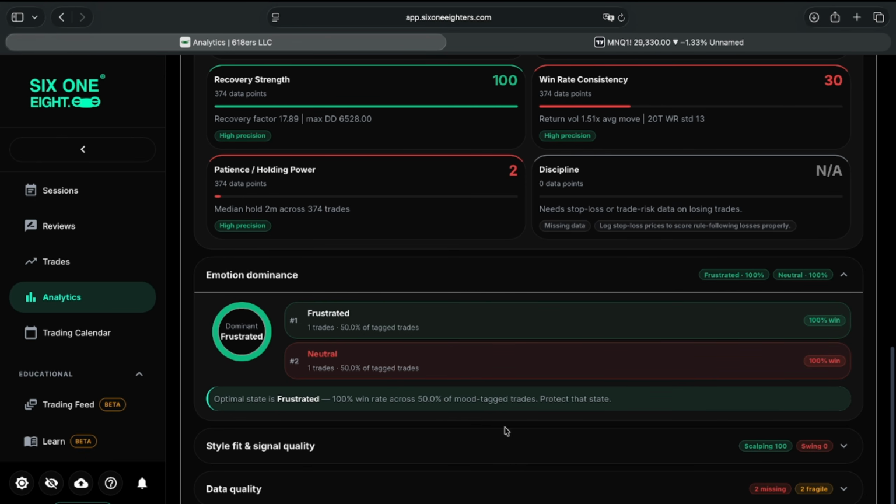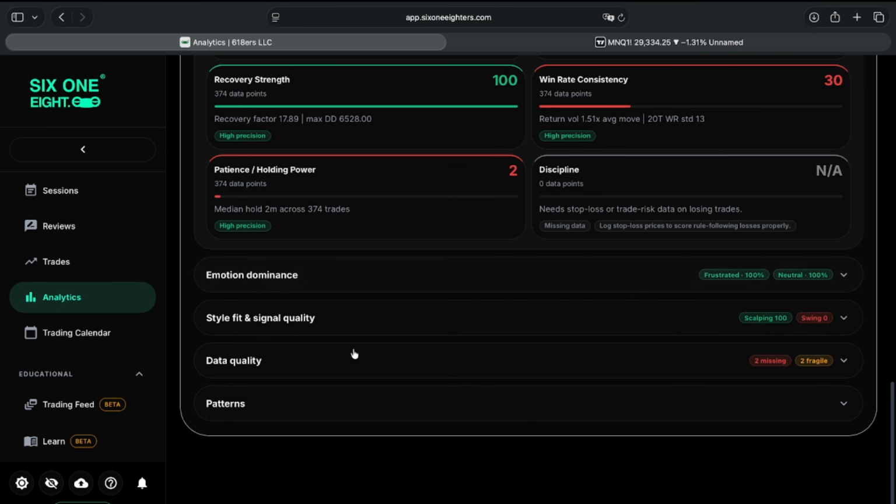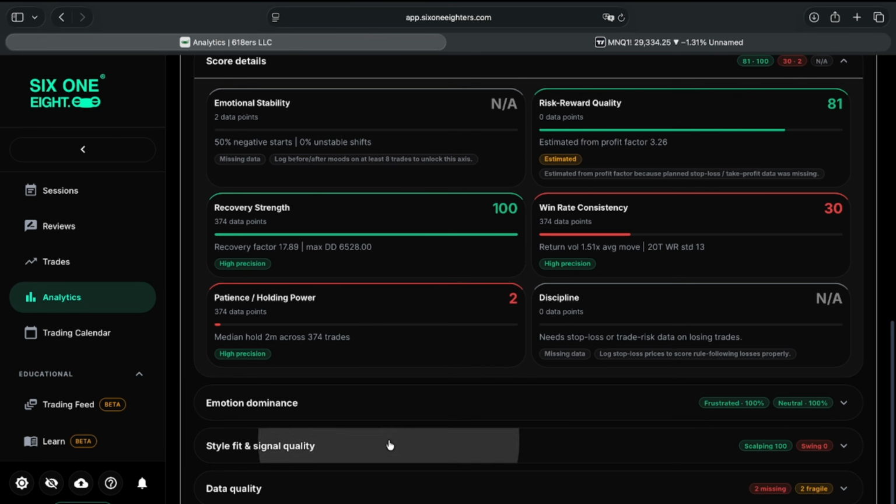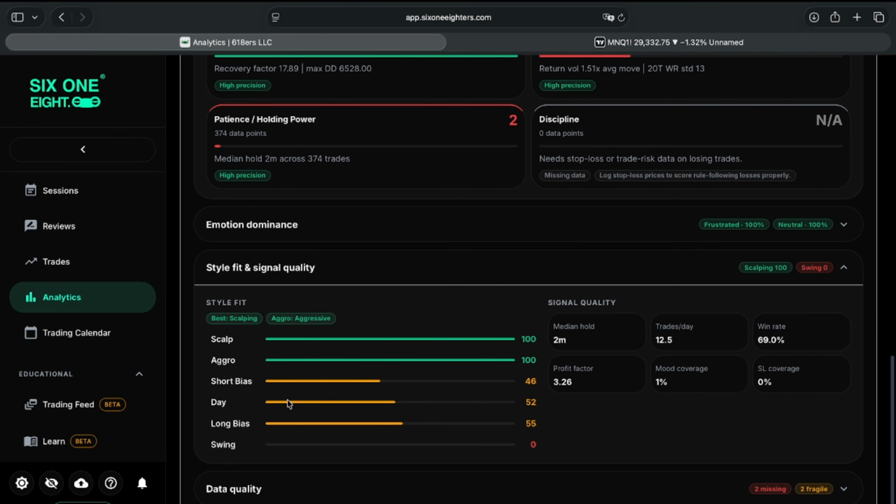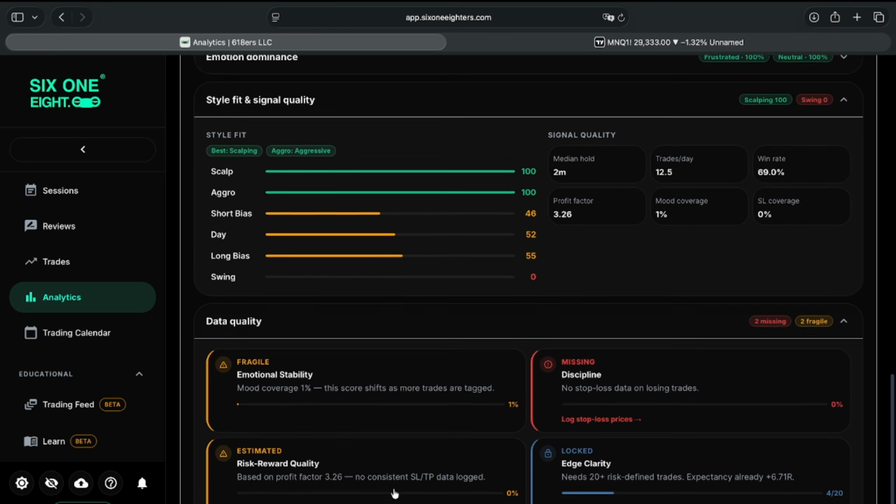Overall, the more data you have, the more significantly you can figure out that maybe I need to be more aware of these emotions. Here you can also see how well your trading style fits, how many trades you do, your win rate, profit factor, mood coverage, and the data quality.